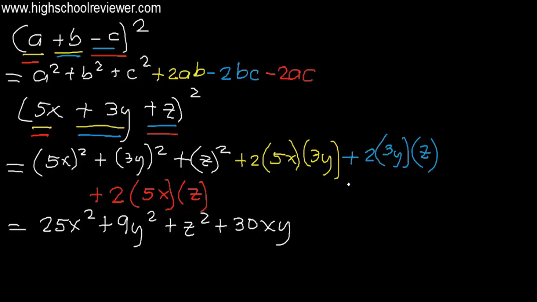And then 2 times 3 is 6. So this will be plus 6yz plus 2 times 5, that is 10xz. We'll have here 10xz. And this is the answer to the quantity of 5x plus 3y plus z raised to the power of 2.